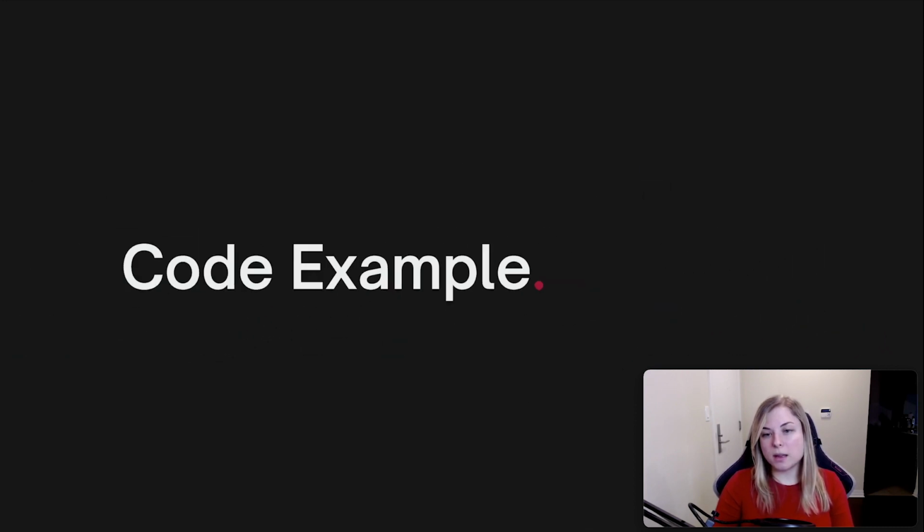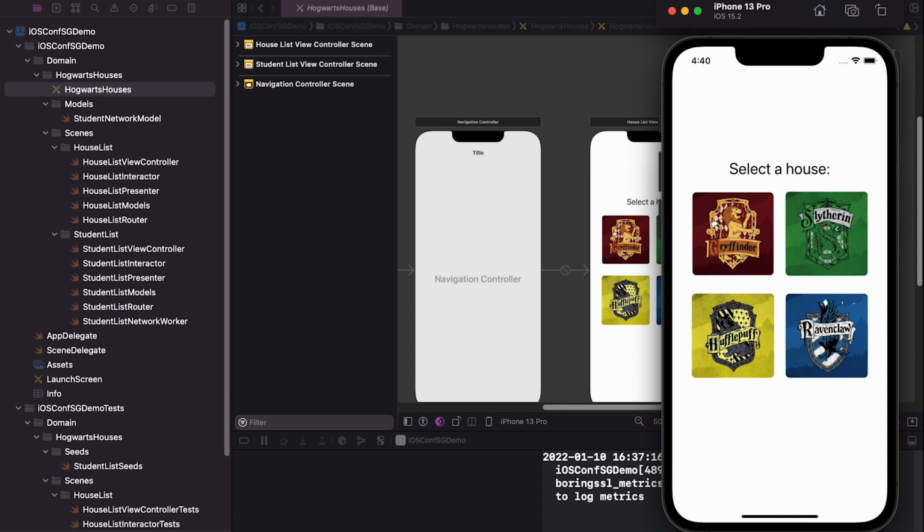Now, let's take a look at some code example that I created, a small iOS UIKit app that I implemented using a VIP architecture pattern. Alright, so this is the small app that I created to show you how to use VIP and implement it in a UIKit app. It's a simple application that's fetching the data from the Hogwarts API.